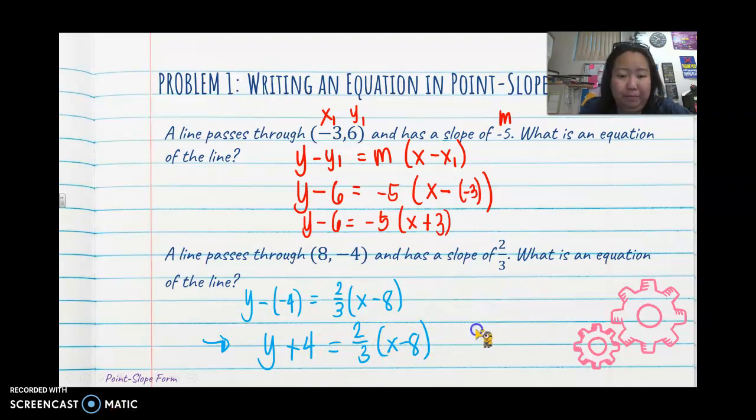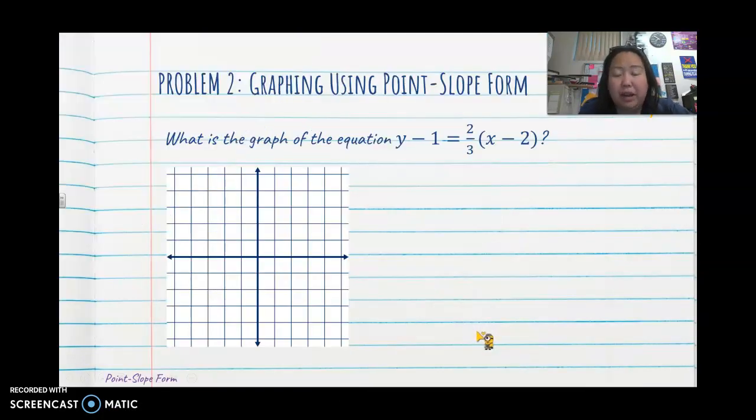Okay, so this time, how are we going to graph our equation? In this case, our equation is y minus 1 is equal to 2/3 times x minus 2. So remember, we are given two important pieces of information from this equation. We have a point, and what is that point? This is our y sub 1, this is our x sub 1.